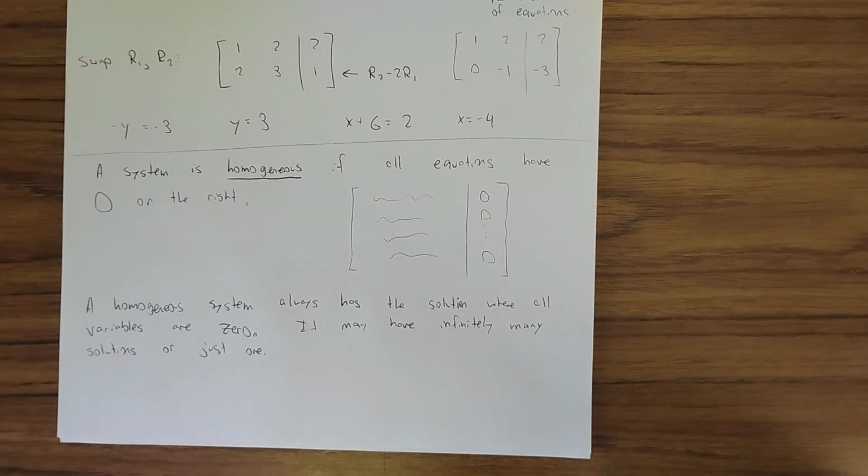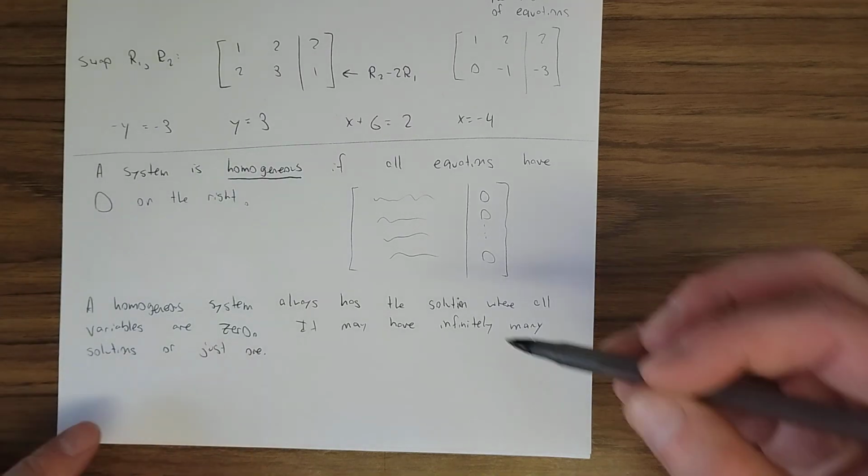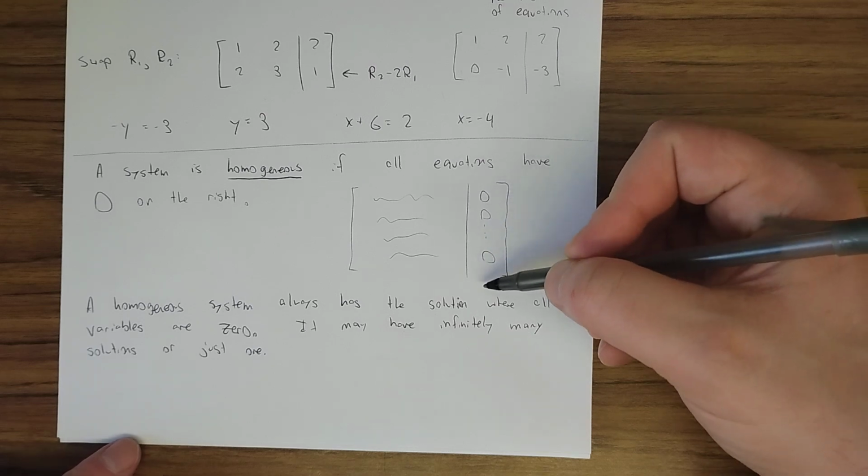Alright, a linear system we call homogeneous, and this is a different use of the word homogeneous than when we were talking about homogeneous differential equations, of course. A system of linear algebraic equations is called homogeneous if the right-hand sides are all 0.